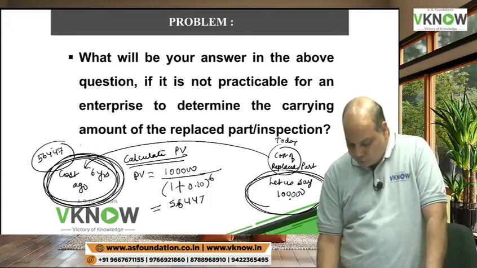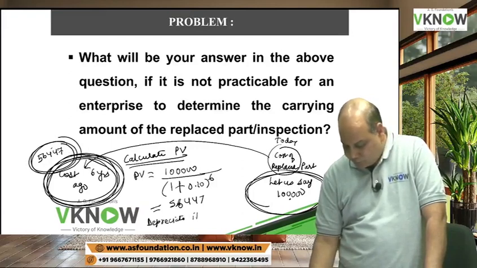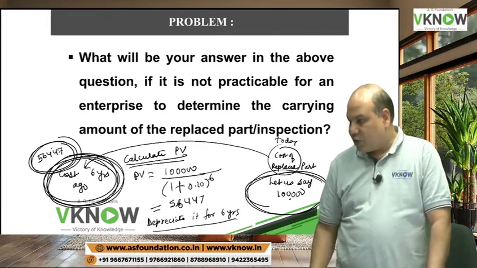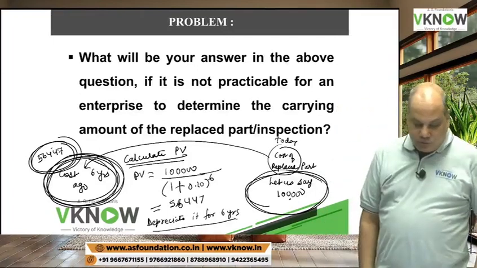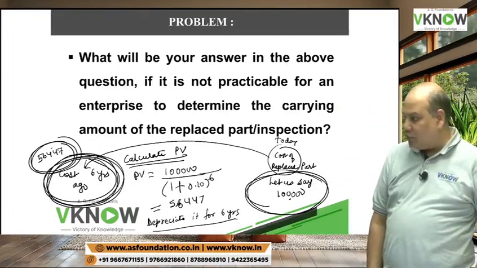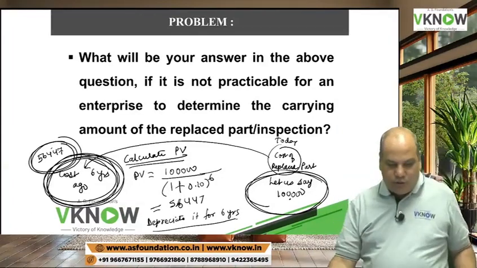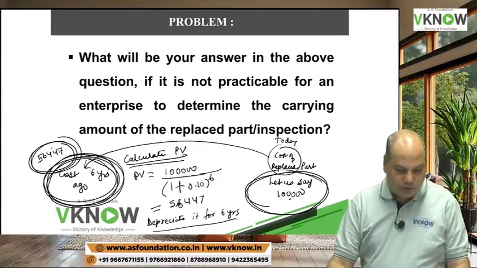Now after you have calculated this value, then depreciate it for 6 years, and that will give you the carrying amount. Sakshi is saying 56,447.3, you are right. Sanket Jain is saying 56,447, you are also right.